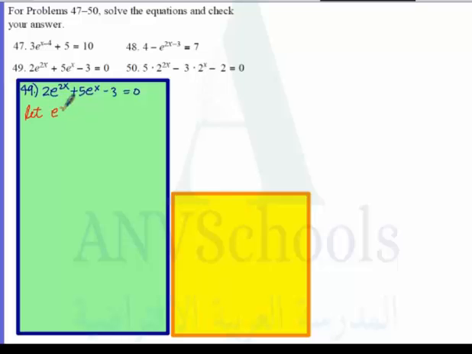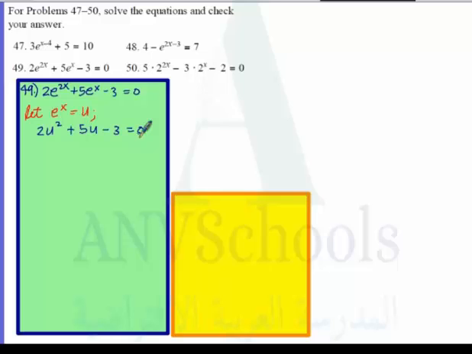That e raised to x is equal to u. Then this equation now becomes 2u squared plus 5u minus 3 is equal to 0.